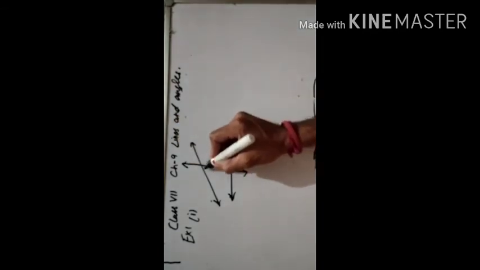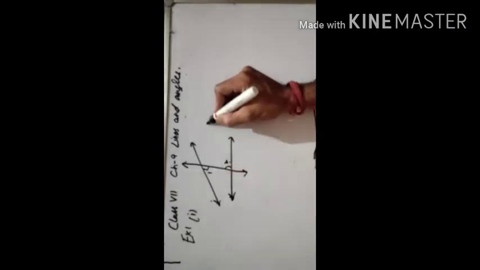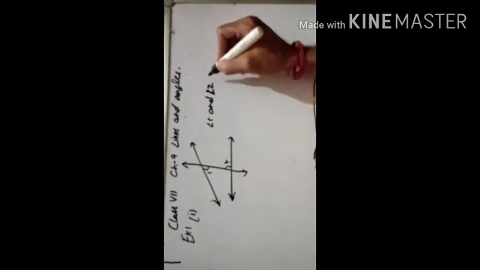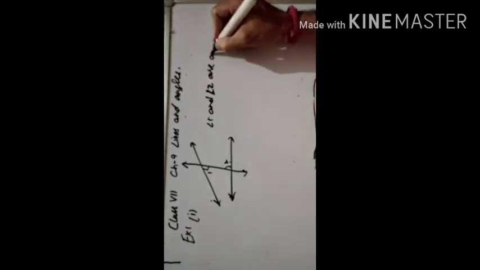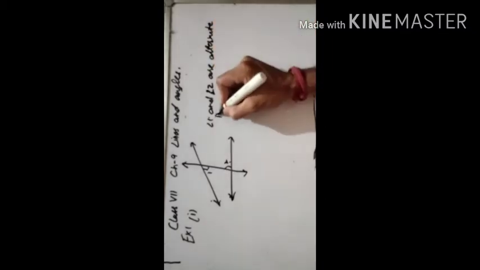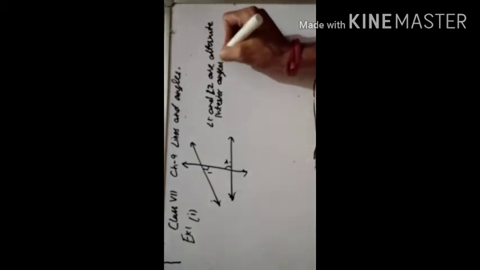Angle 1 and 2 are alternate interior angles.